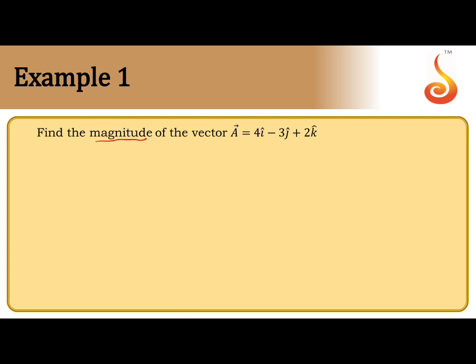Why do I need this? While solving problems with vectors, in some cases I might need the representation of the vector in the form of unit vectors, and also in some cases we might need the magnitude. So how do we find that?